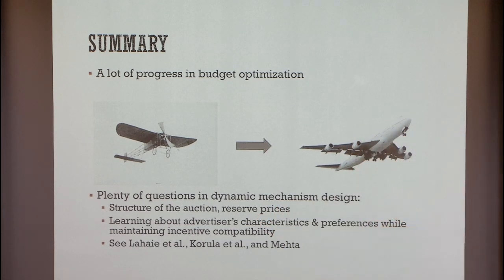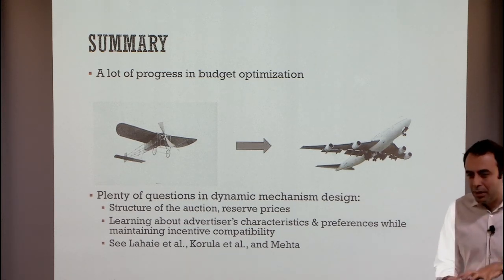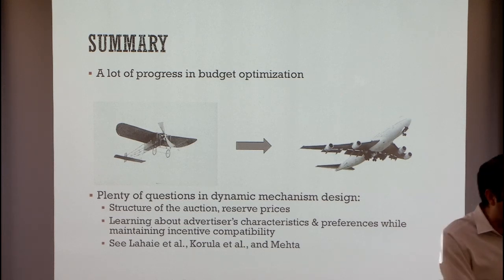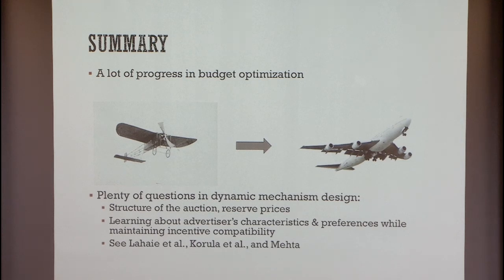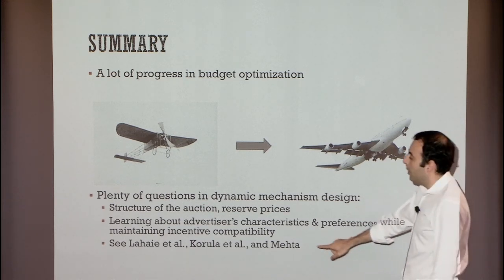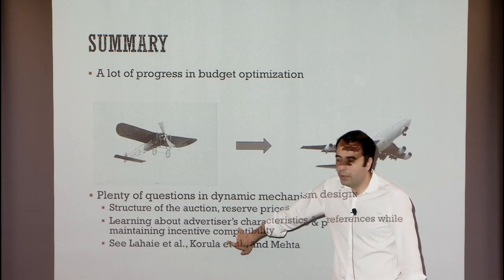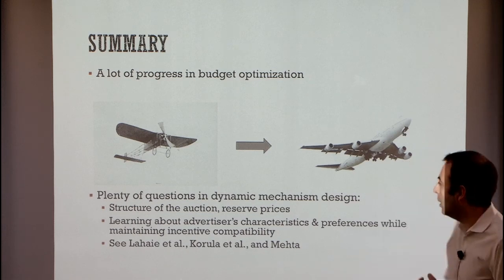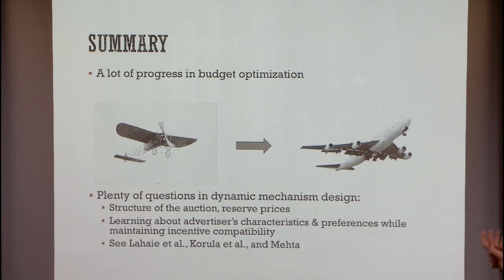There are questions in learning. There are all these machine learning algorithms running in the background, trying to figure out the characteristics of the user, of the advertiser, of the publisher, and they are interacting with selfish agents, agents that are making a lot of money.